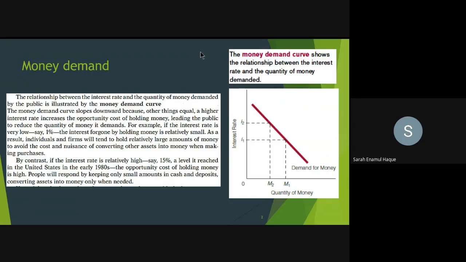The reason is people want to hold money depending on what the interest rate is. Honestly ask yourself this question: if a person has the option of either holding money or investing in some sort of project, this usually does not mean bonds, it usually means investment. Or you can talk about the interest rate in the bank account.